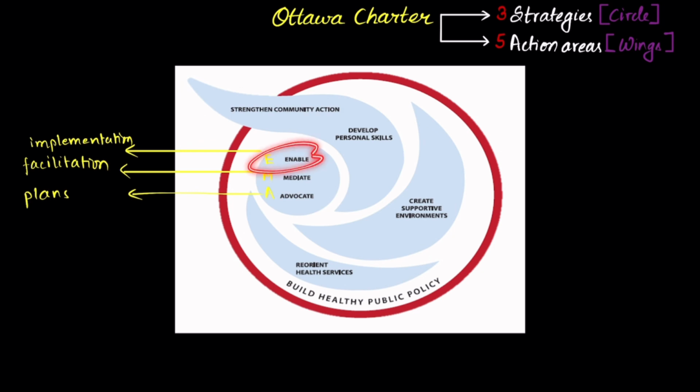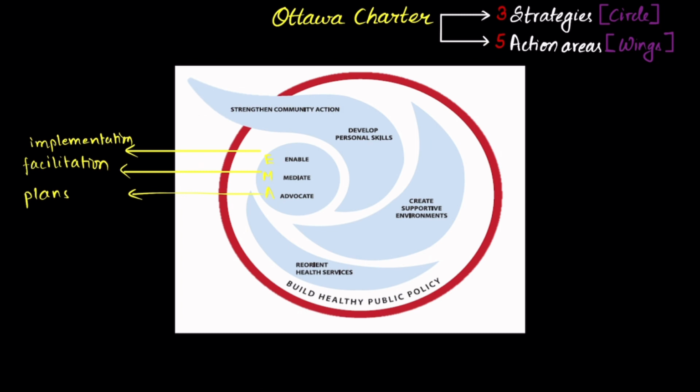That's enable, or implementation. Again, we have A, M, E. A for advocate, M for mediate, E for enable. Advocate means coming up with plans, mediate means facilitation of plans, and enable means implementation of plans.